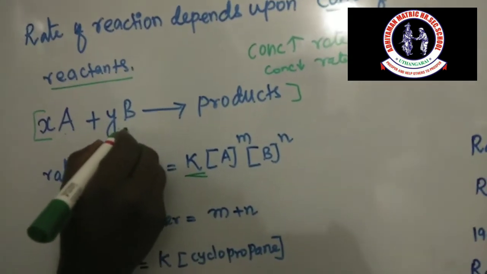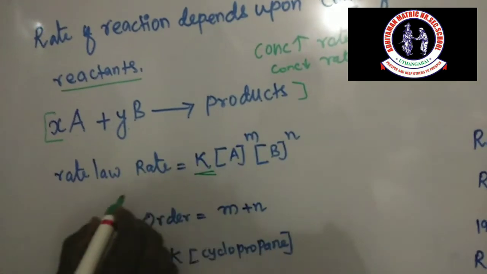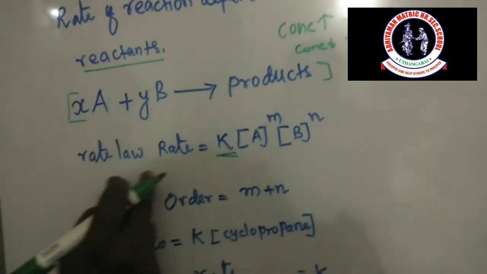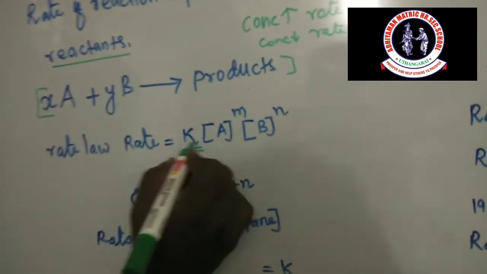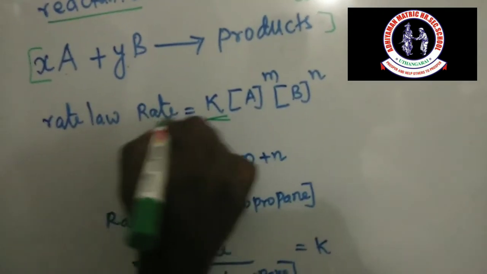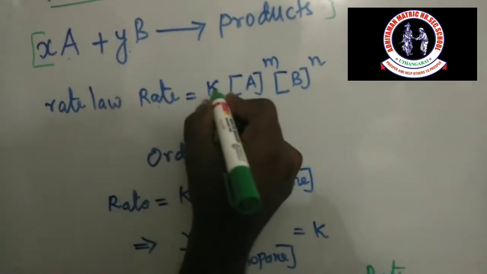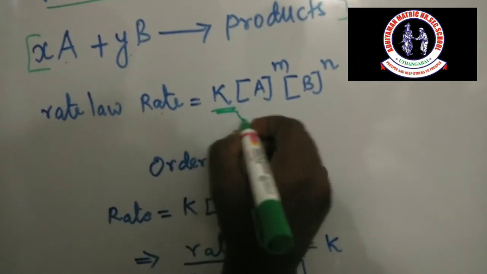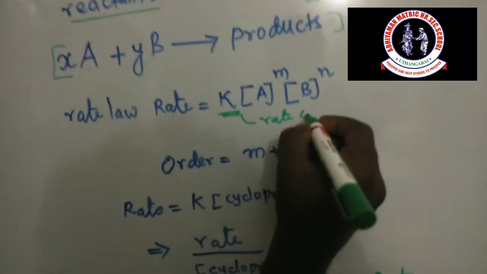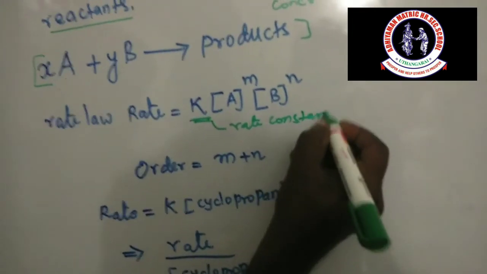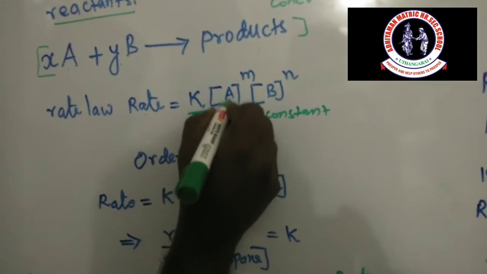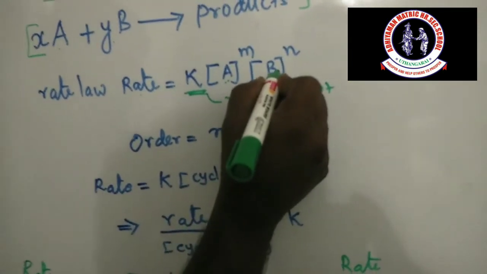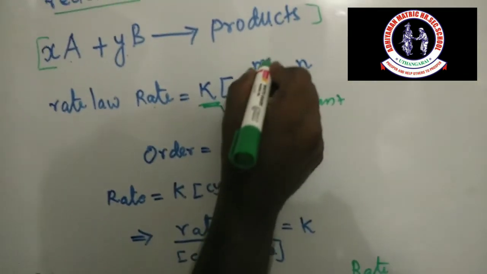We consider the general equation: x moles of A and y moles of B give products. How will you write a rate equation for the reaction? So rate is equal to K. K is nothing but the rate constant, and the initial concentration of one reactant and the initial concentration of another reactant, with exponential powers.